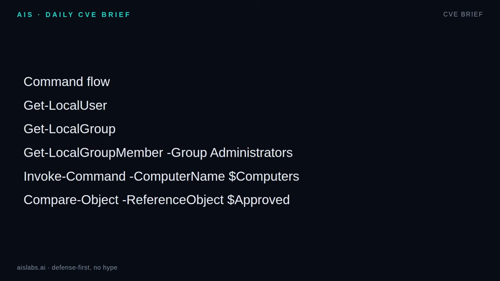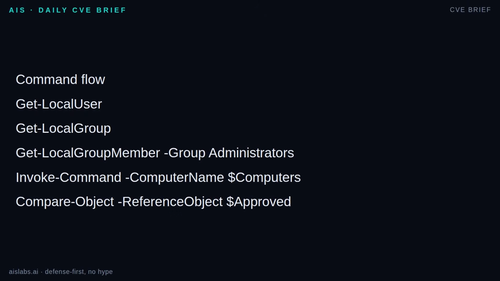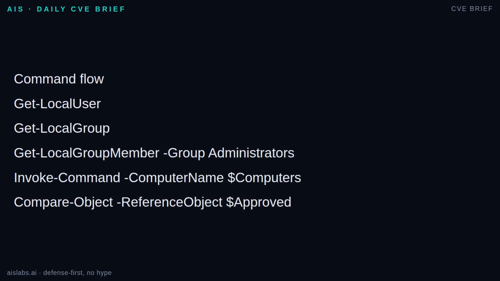Start small. On a test machine, run Get-LocalUser to see local accounts, then Get-LocalGroup to see local groups. Next, run Get-LocalGroupMember -Group Administrators. That returns objects with name, SID, principal source, and object class when Windows can resolve them.